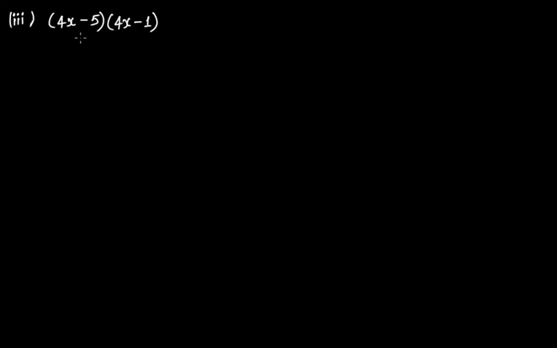Here it is (4x minus 5) and (4x minus 1). Now, if we write this as (4x plus within the bracket minus 5) and multiplied by (4x plus within the bracket minus 1), this is minus 5, and this is minus 1.